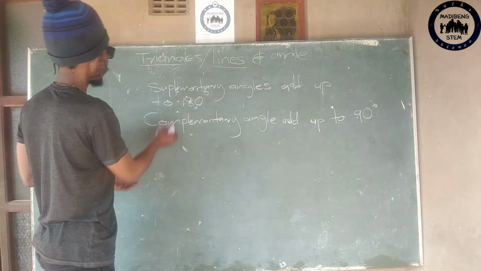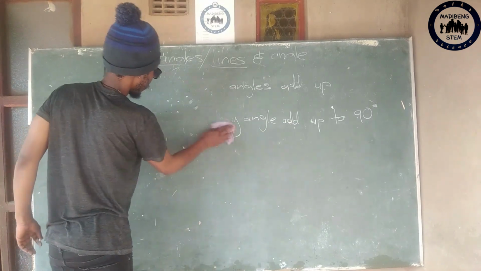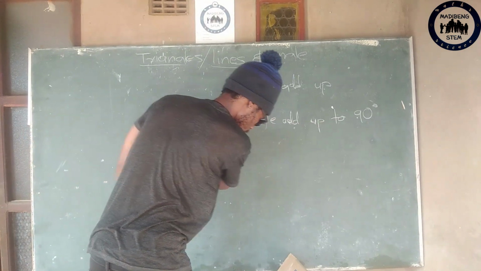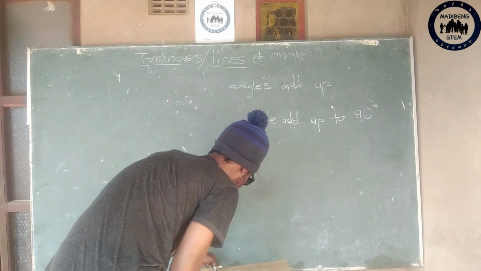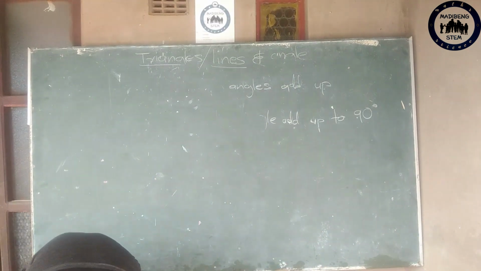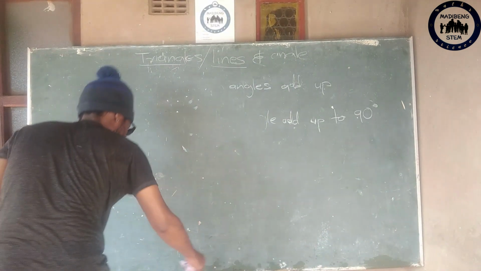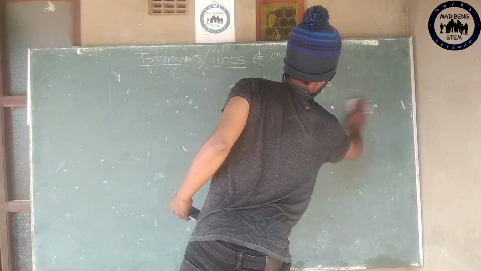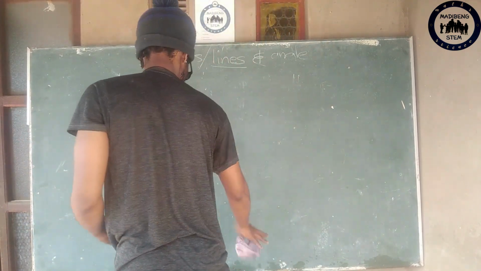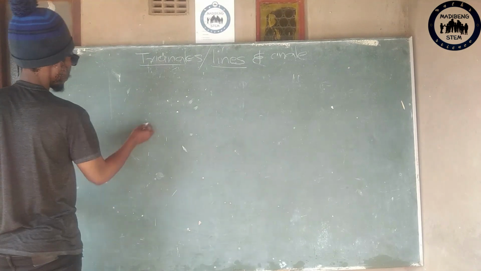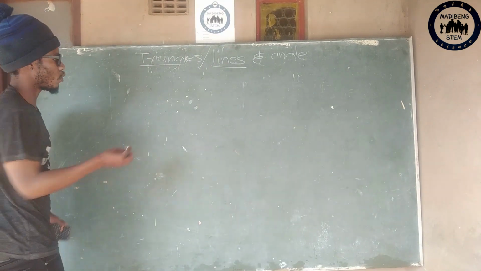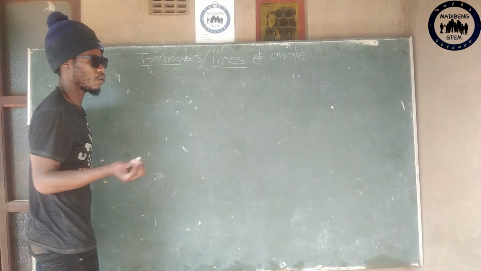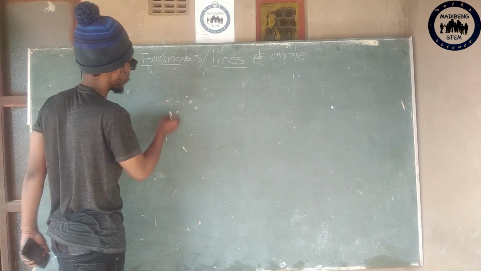So let's do a few examples. Let me start with complementary angles. They add up to 90 degrees.